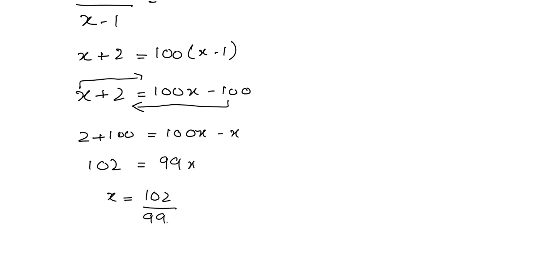Do not just leave it over here. It can be reduced to a simpler term, because both are multiples of 3. So we can factor out 3 over here, or reduce it like 3 times 33, and 3 times 34 is 102. So x will be equal to 34 over 33, and yes, we got our solution.